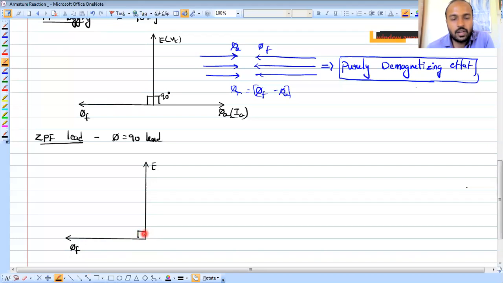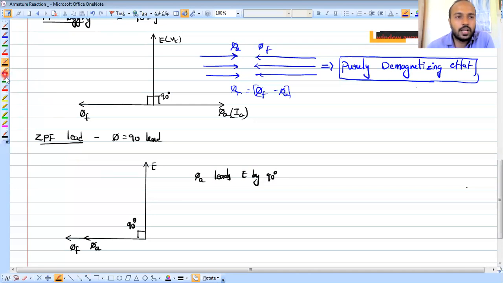These two have an angle of 90 degrees. And here our armature flux needs to lead this EMF by 90 degrees. That is the ZPF leading. So here our armature flux phi A is over here and it is leading this induced EMF by 90 degrees. Here phi A leads E by 90. That's why we call it a ZPF leading.